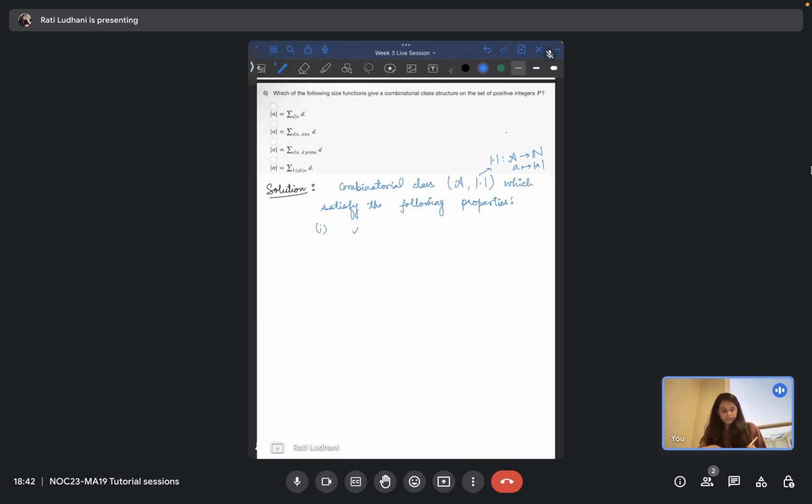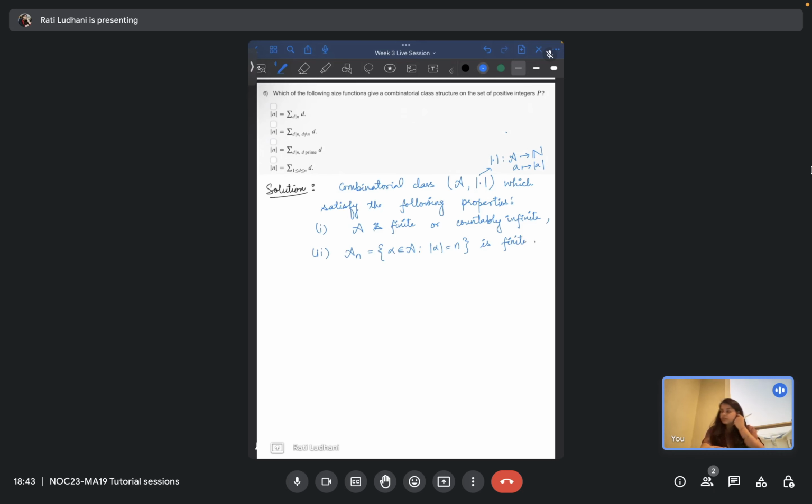First, this A is finite or countably infinite, it cannot be uncountable. And the other property is, you take the set, we write it A_n, the set A_n which is of the elements alpha from A such that size of alpha is equal to n, this set is finite.